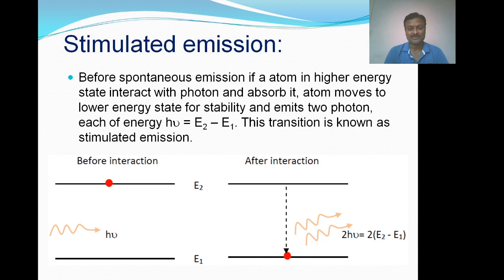To acquire stability, the atom moves from higher energy state E2 to E1, and during this transition it releases two photons. So the total energy released is equal to 2h nu. One h nu is the energy absorbed from the photon, and the other h nu is the energy difference between higher energy state E2 and lower energy state E1. This is a very important phenomenon.